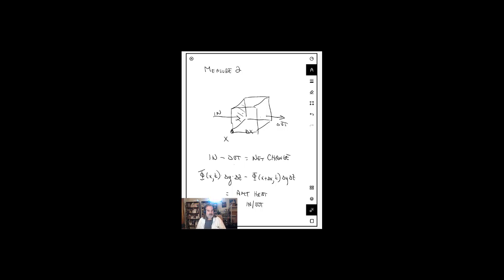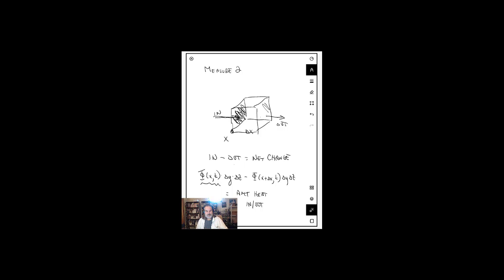Okay? And because we have a quantity that describes that flux, and remember, the x-coordinate is the only coordinate which gets a change in flux from one place to the other, the flux at x times the total area of that face, which is delta y delta z, gives us the total amount of heat going in.